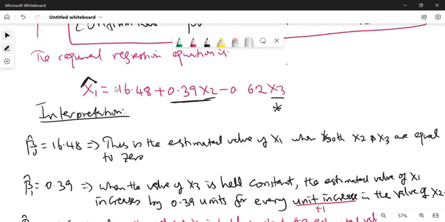After this, maybe the next step will be to check whether these values are significant, whether 0.39 is significant, 0.62 is significant, but that happens somewhere else. It will not be happening in this session, when you test hypotheses about the regression coefficients.